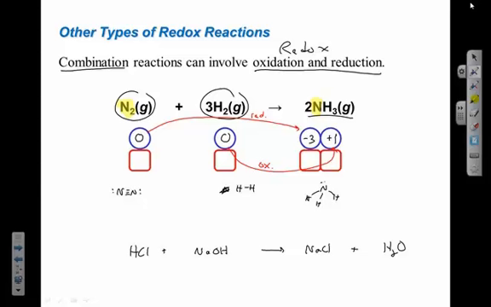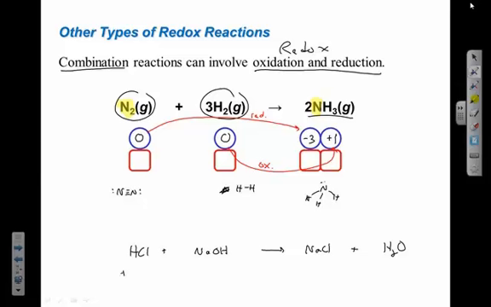But I could confirm that by calculating the oxidation numbers for this reaction and show that they're not changing. But I recognize it's an acid-base reaction. We talked about this last time because I have a base that's going to be able to accept an H+, an OH-, and an H that could be donated by the Cl. And so if the OH- picks up the H, they join together and form water.